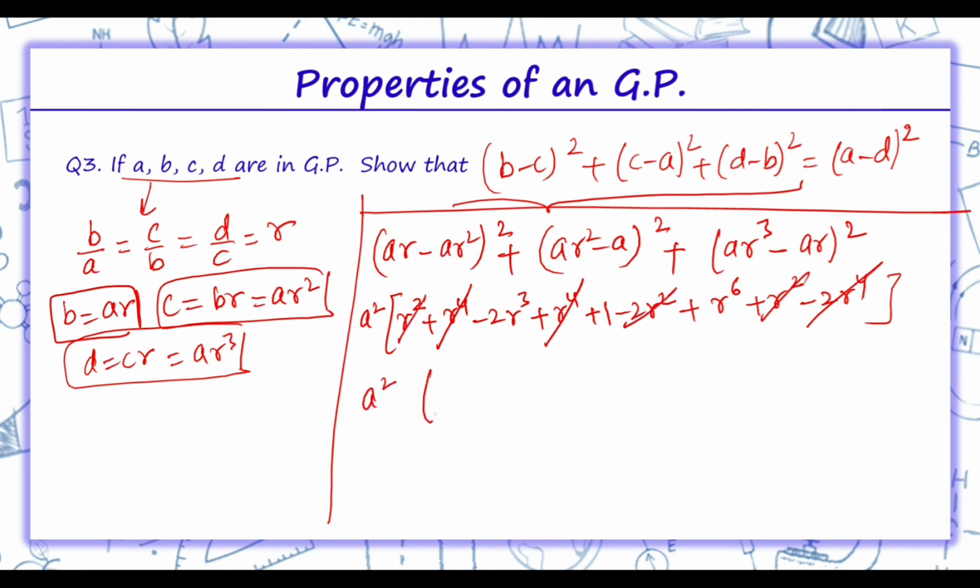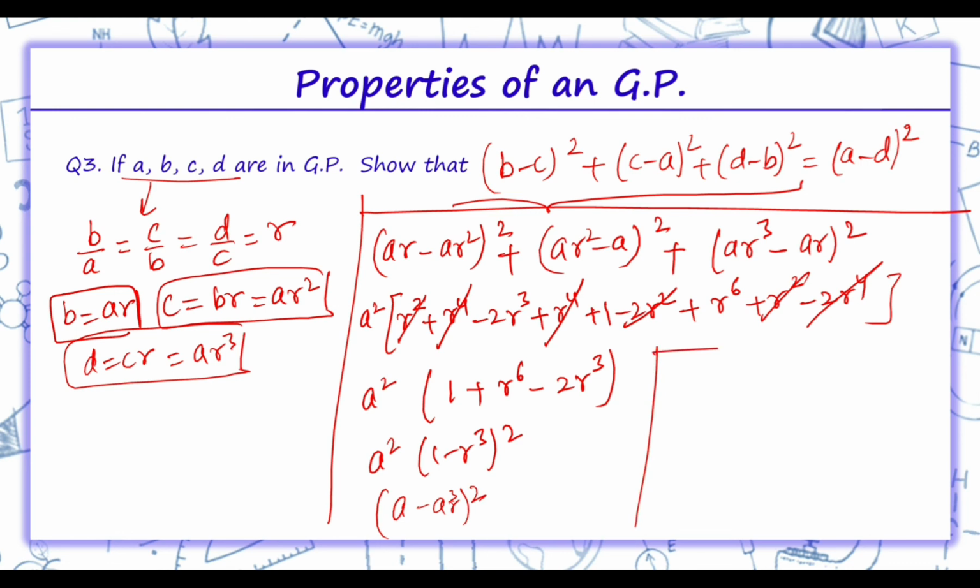So, here we are left with 1 plus R to the power 6 minus 2R cubed. This can be written as (1 minus R cubed) squared. A will take inside, so it will be (A minus AR cubed) squared. So, A is A only and AR cubed is D. So, it will be written as (A minus D) squared.